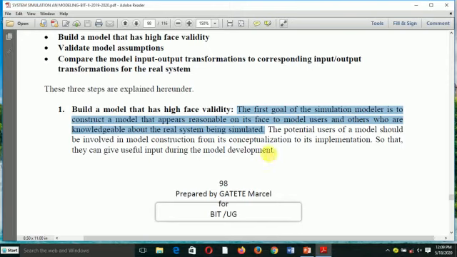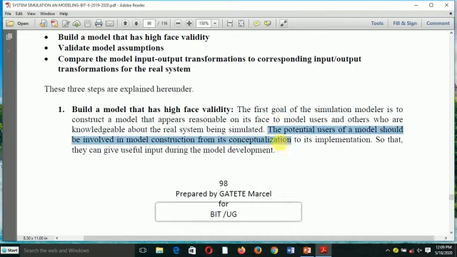So you have to provide a very nice user interface, which provides the facility to perform any task the users want. And the potential users of a model should be involved in the model construction from its conceptualization to its implementation. So don't forget to involve users, because users know what they want.